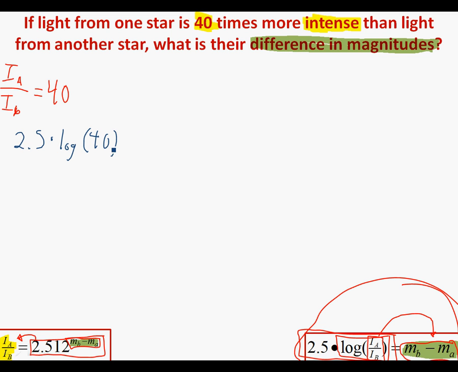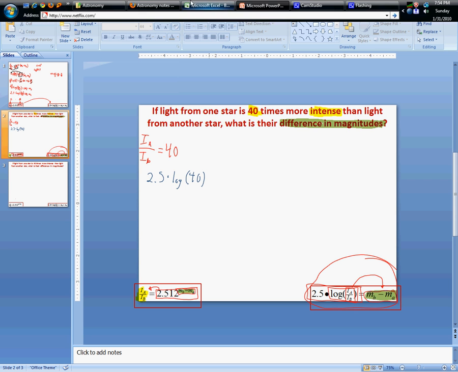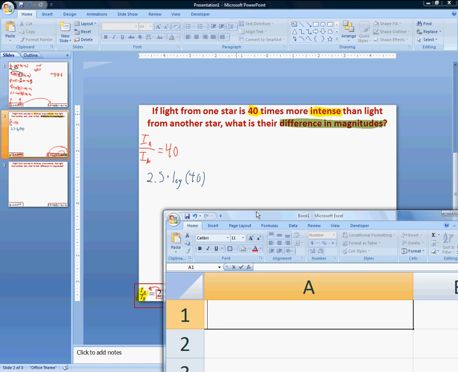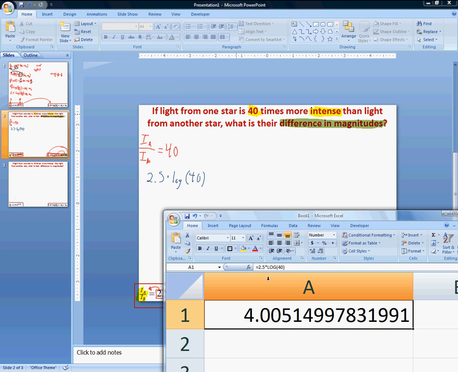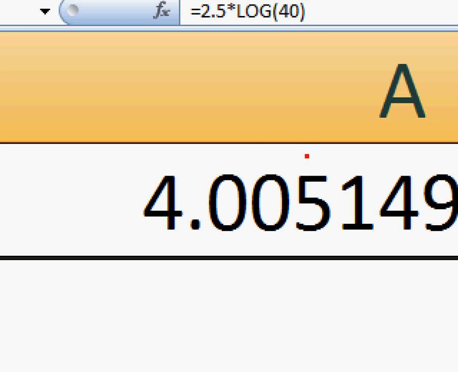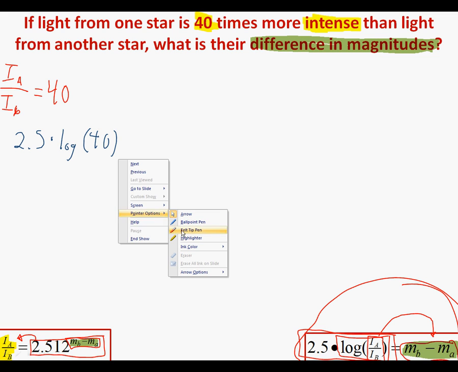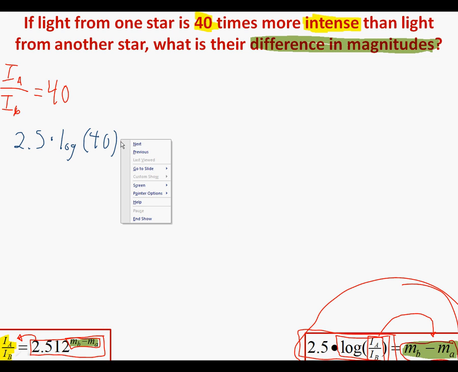If we type this into the calculator now, 2.5 times the log of 40 is 4. We can see again it's an estimation, but if you look in the book, you're just going to see 4. That's what you get from your calculator, 4.